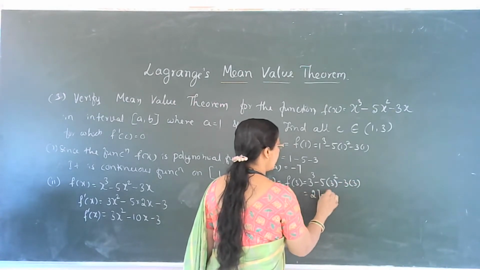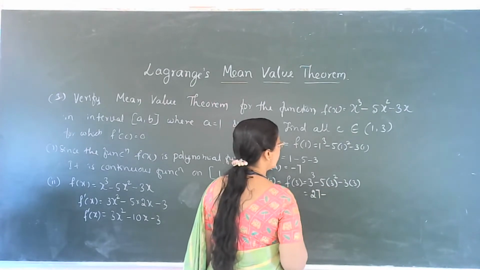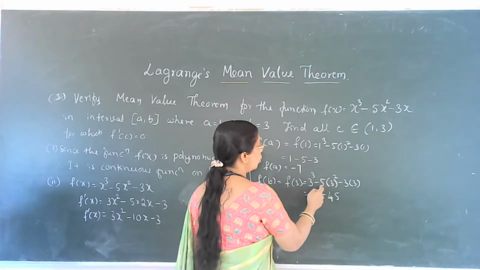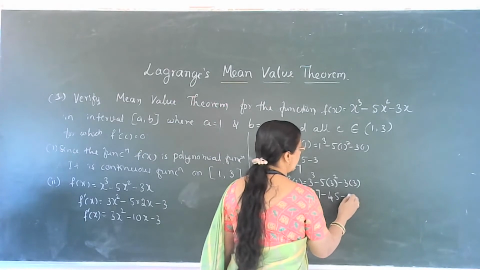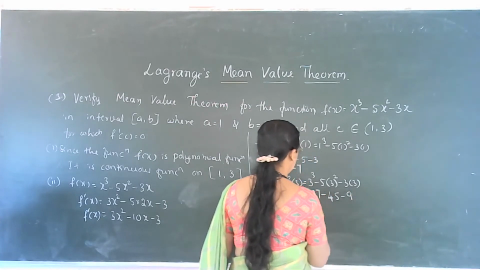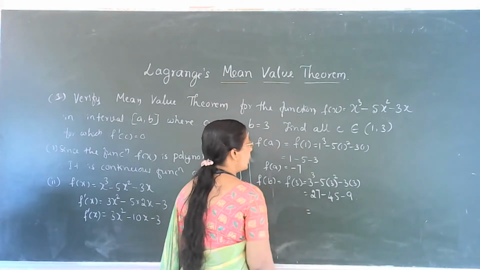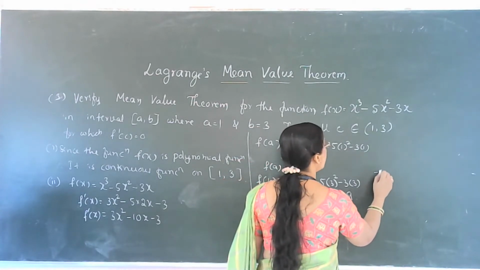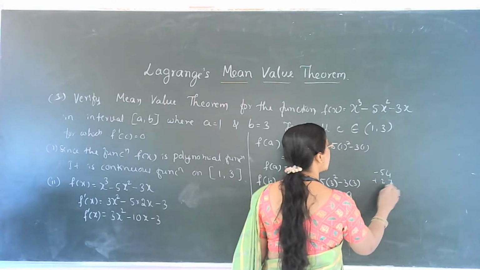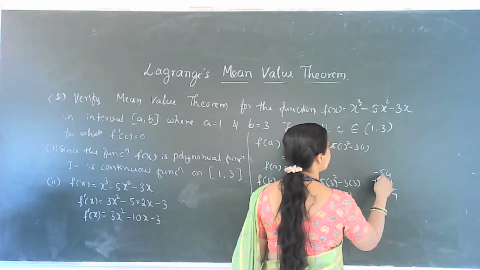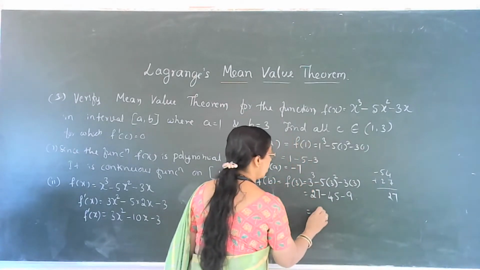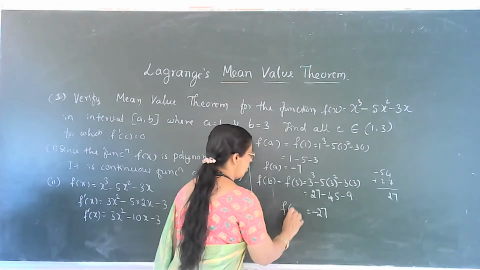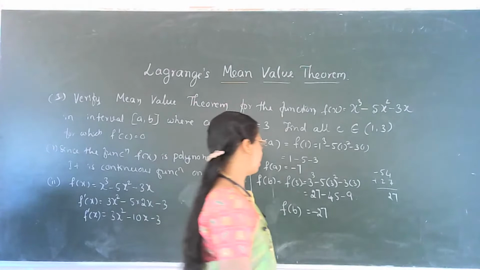That is 27 minus 45, since 3 square is 9 and 9 into 5 is 45, minus 9, which is equal to 27 minus 54, which is minus 27. f of b is minus 27.